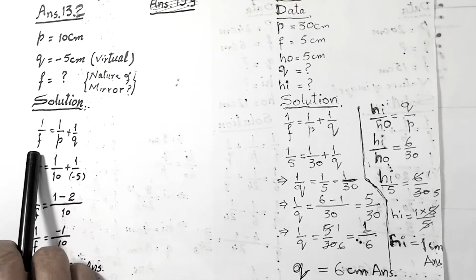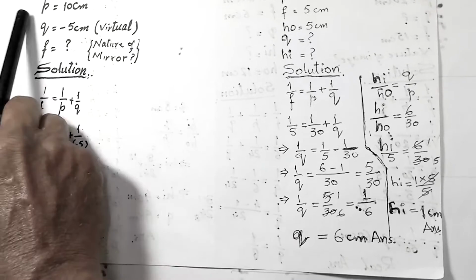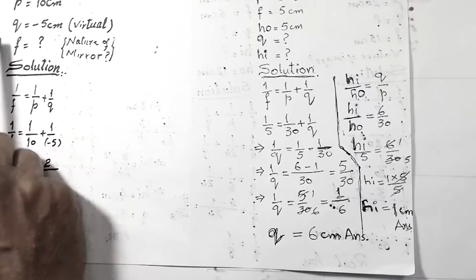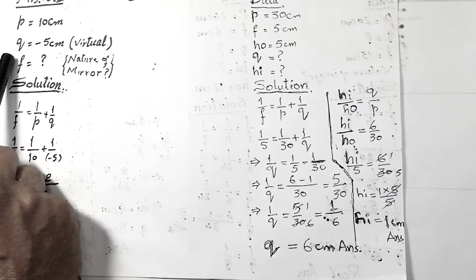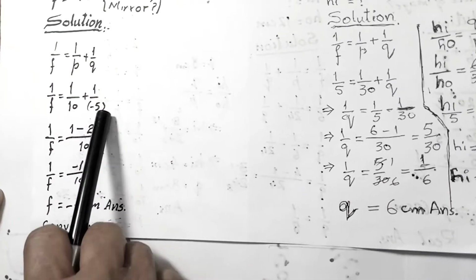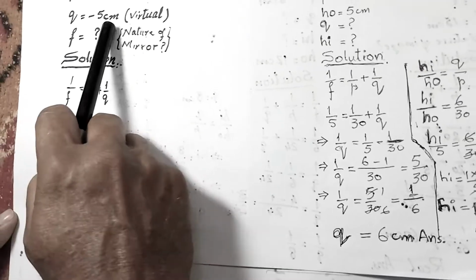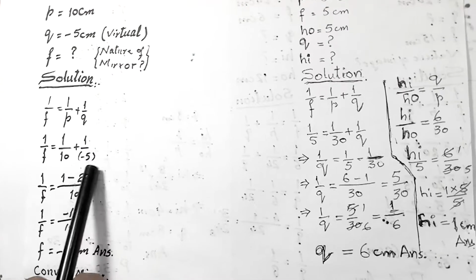First of all, we will calculate the focal length, because object distance P and image distance Q are given. 1 upon F is equal to 1 upon 10 plus 1 upon Q. Instead of Q, we will write minus 5.